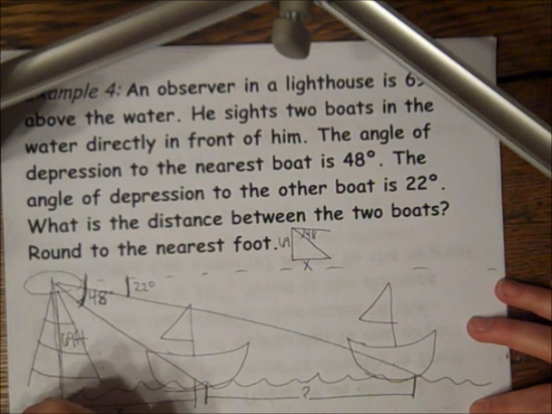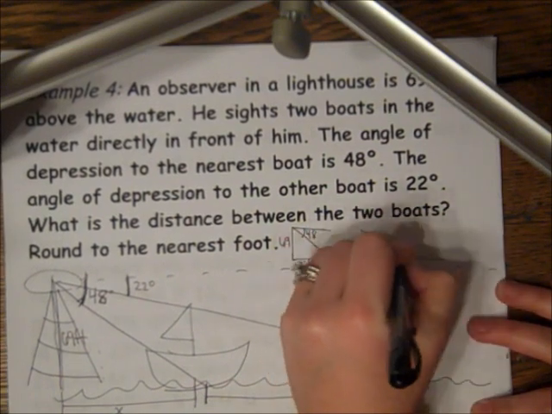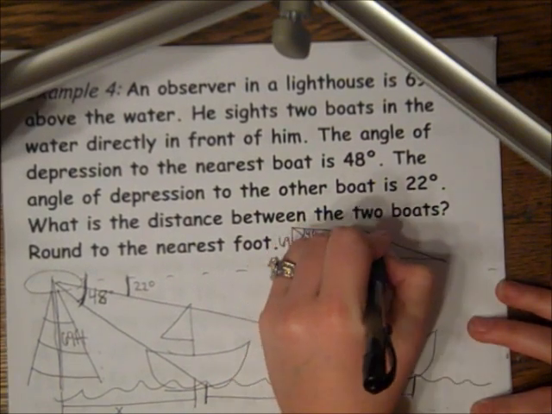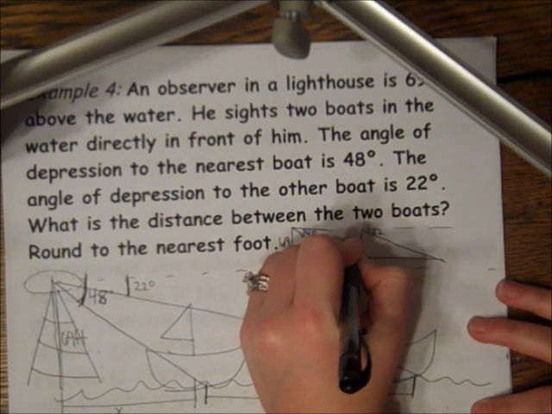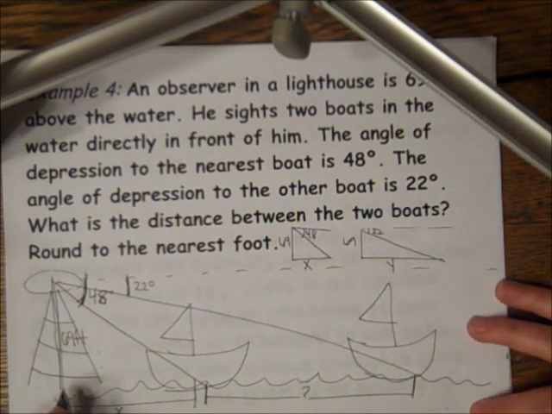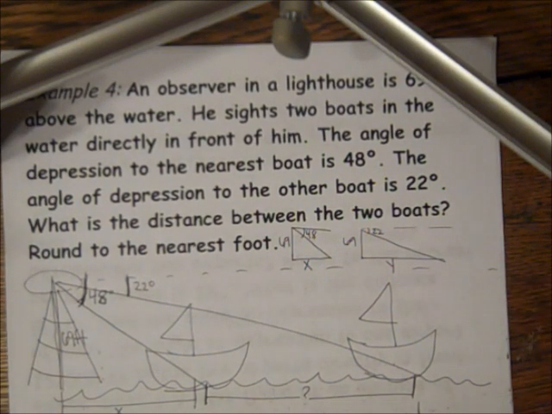Let's call that x. Then I'm going to have to recreate the whole problem and figure out how far is the further boat the whole way. We'll call that y, and then I can subtract them. There's no way I can just find the distance between the 2 boats at the same time. Seems I took up all my room with my awesome drawing.